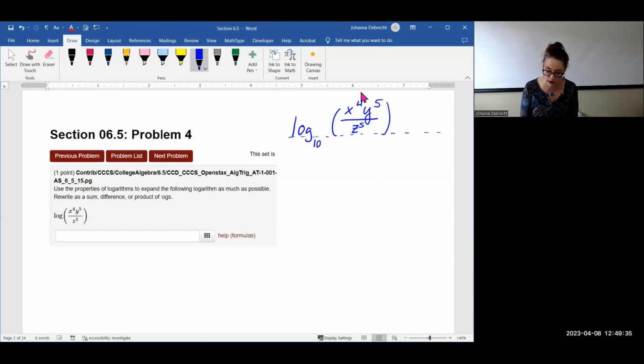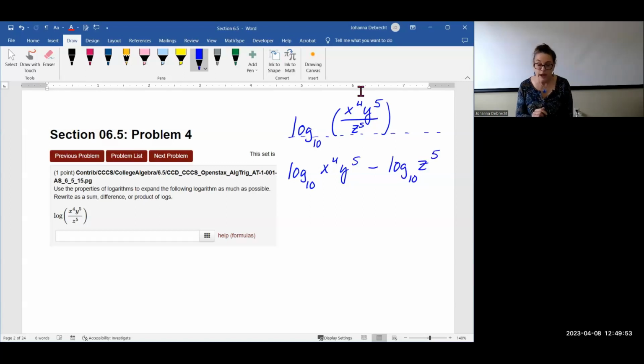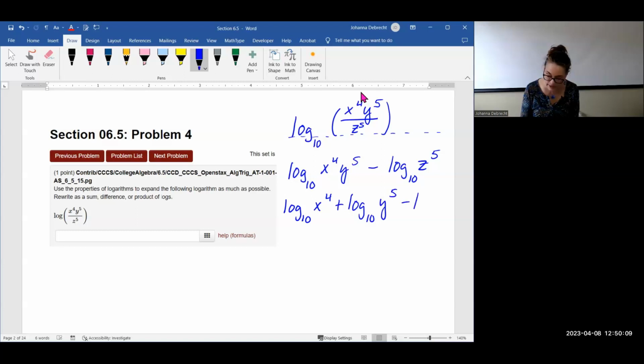So I'm going to split up first the division. This is going to give me log base 10 of x to the 4th, y to the 5th, minus log base 10 of z to the 5th, right? Then I'm going to split apart anything that is multiplied together. So this is going to become log base 10 of x to the 4th plus log base 10 of y to the 5th minus log base 10 of z to the 5th, right?